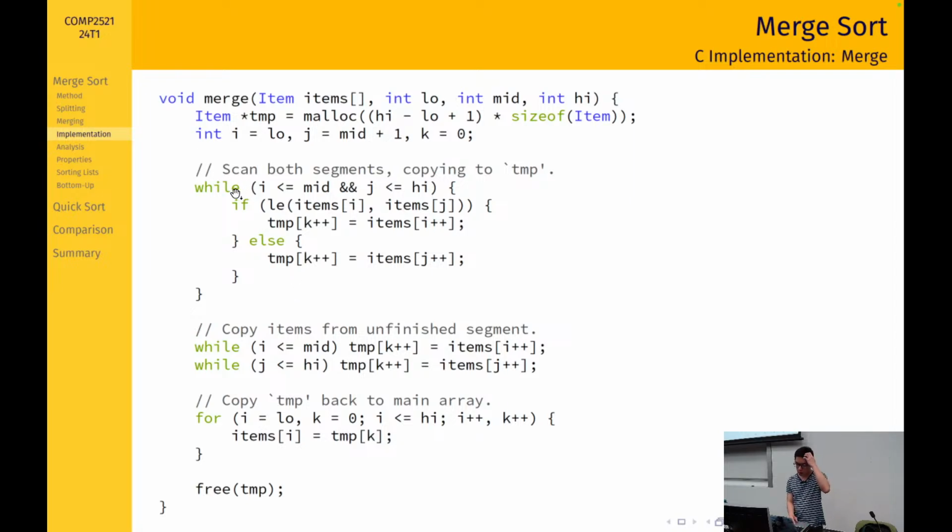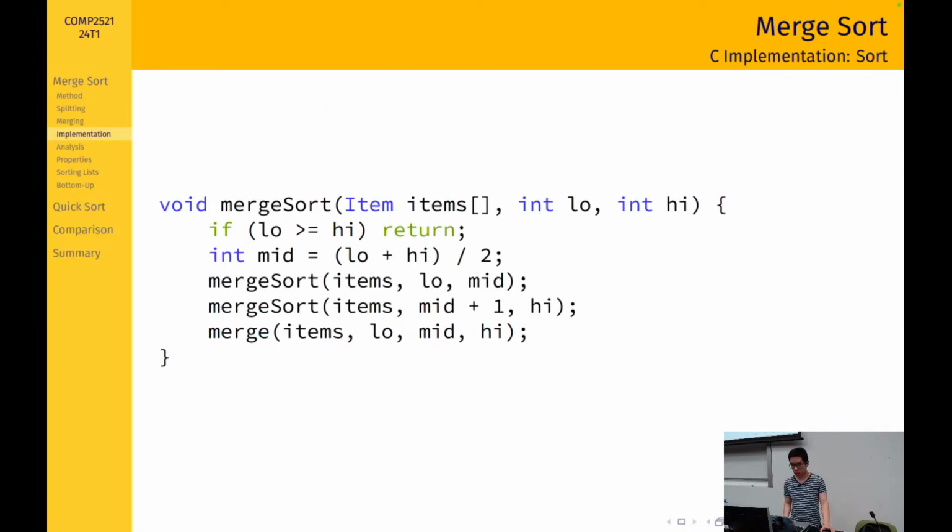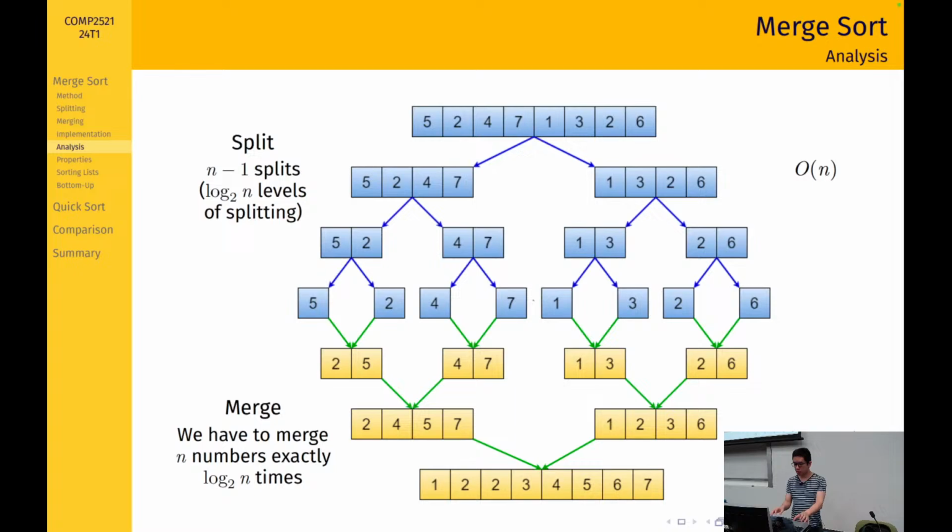And if you actually count the number of iterations of the while loops, you'll probably see that in the worst case, the number of iterations of all the while loops combined is going to be about n. And same for this for loop, the number of iterations is going to be n because you're copying everything back. So we saw that this merge function was O(n). And I explained how we get the n log n here.